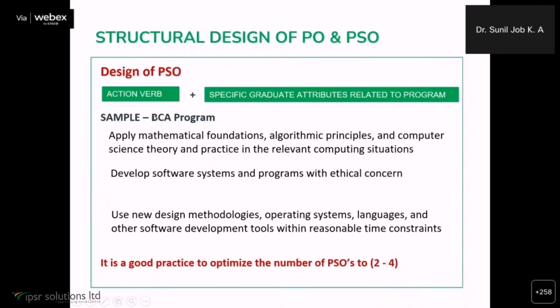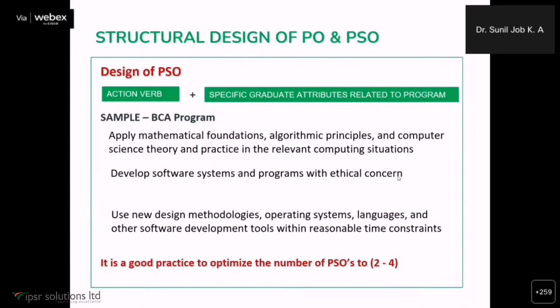And since it's the BCA program, develop software systems and programs with ethical concerns. So you have just taken the entire curriculum to an application level, and then you want to take the students to the higher level, meaning higher order thinking skills, that they want to create, because for computer applications, the main purpose is to develop software and applications. That's their focus.